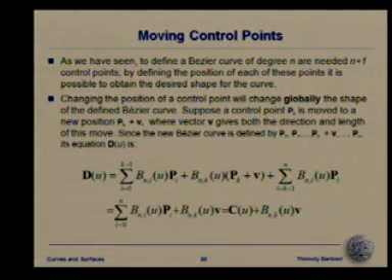Imagine that you're moving control point number k, which is somewhere between P0 and Pn. Then the first part of the curve, from control point 0 to control point Pk minus 1, is not involved, because those control points stay the same, so that part of the polynomial stays the same as well.